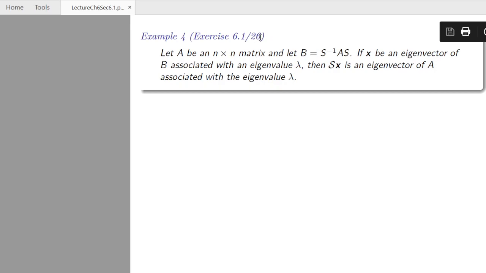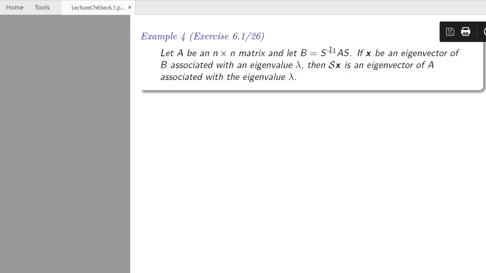The question says: we assume A is an n by n matrix and B equals the inverse of S times A times S. Because S is a matrix that has an inverse, B and A are similar.